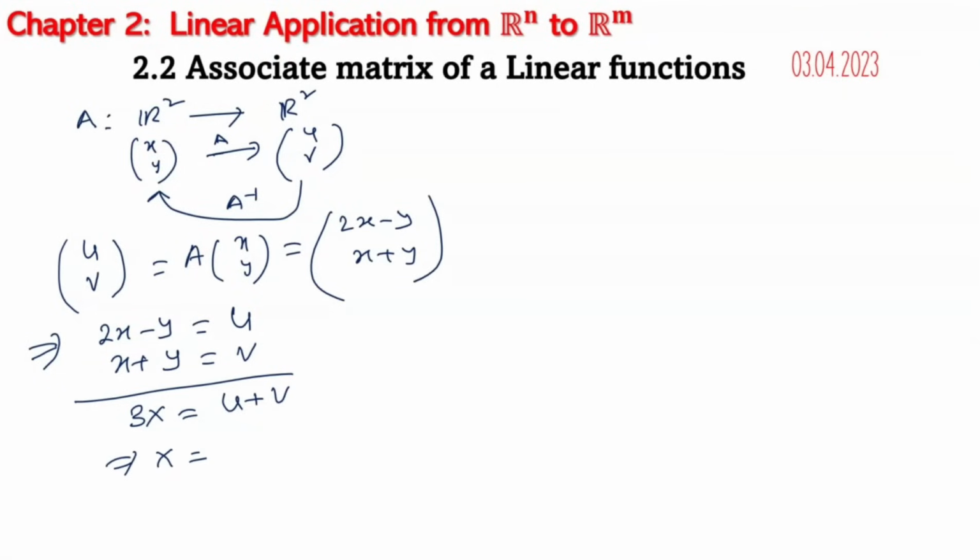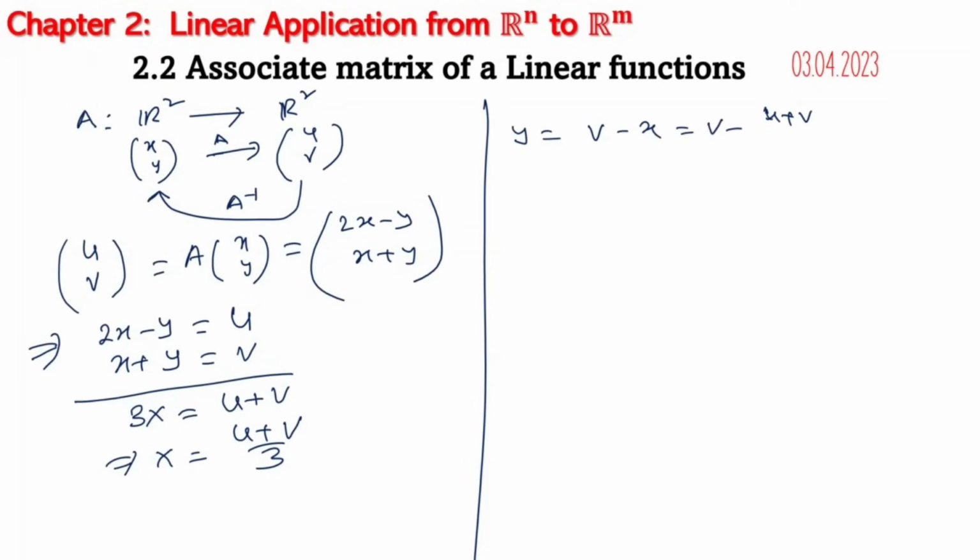So this implies x is equal to (u plus v) over 3, and y is equal to v minus x, which is v minus (u plus v) over 3, which equals (minus u plus 2v) over 3.